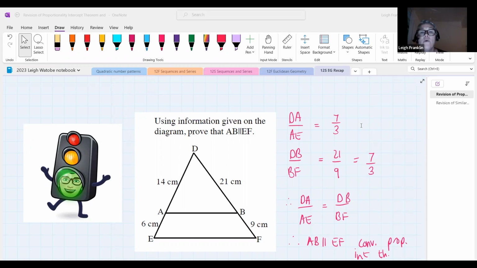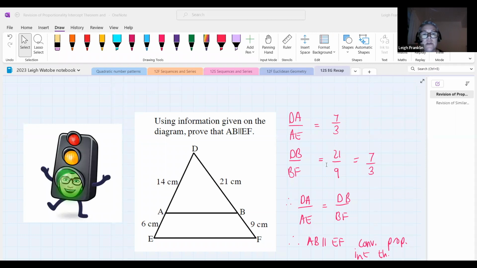Cool beans. All right, are there any questions about how to prove lines are parallel using converse proportionality intercept theorem? Are we all good? Are we happy to move on? Okay, Ludwina, I see your hand is still up. I'm assuming that might be from earlier.